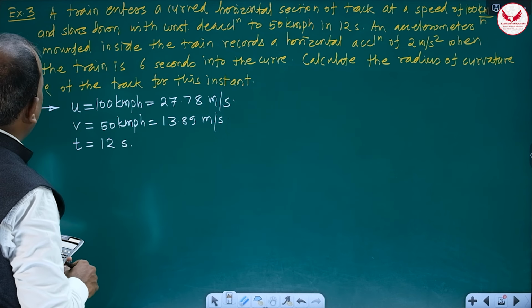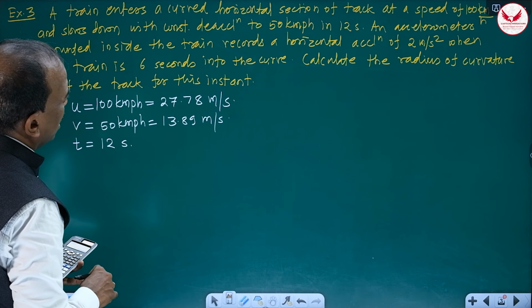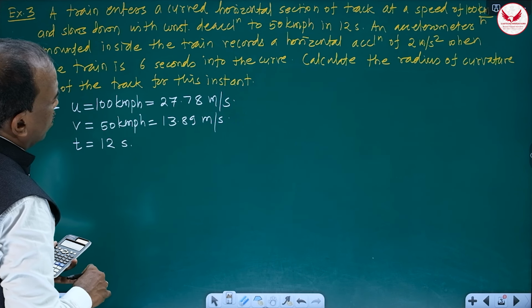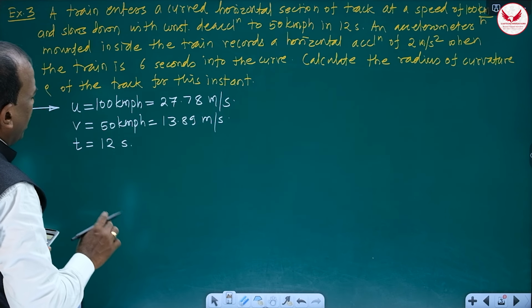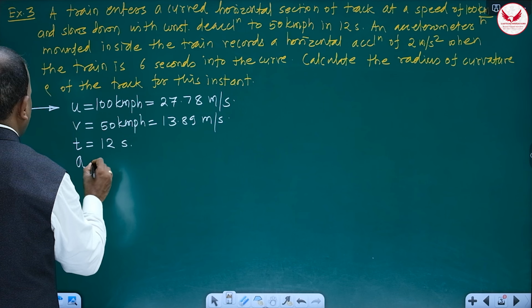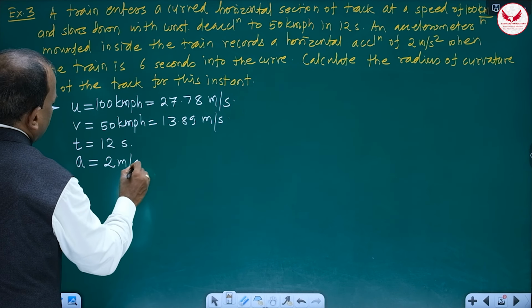An accelerometer mounted inside the train records a horizontal acceleration of 2 meters per second square. Means whatever that accelerometer reading is, that is going to be total acceleration, 2 meters per second square.